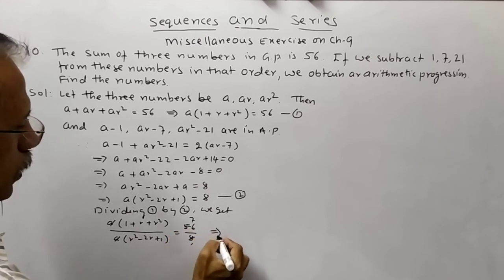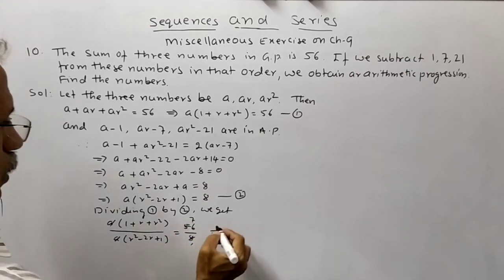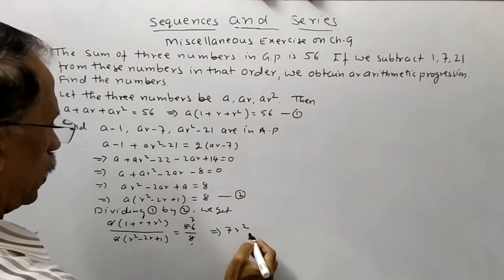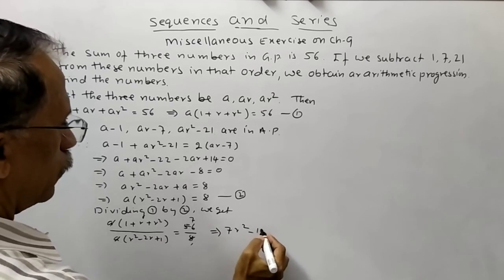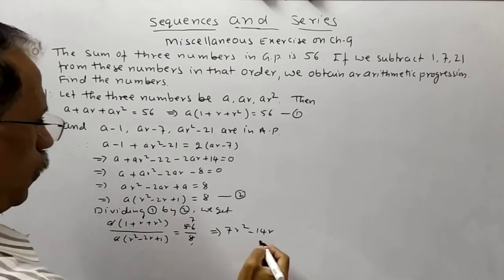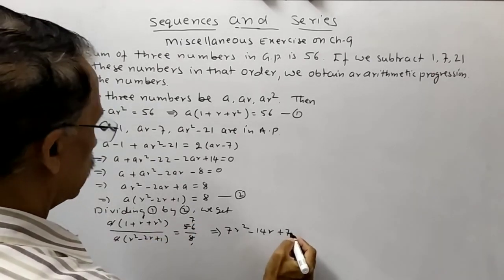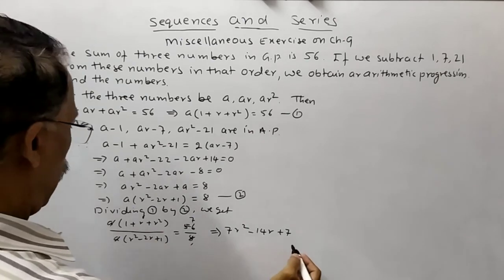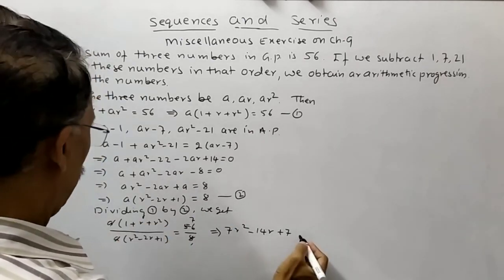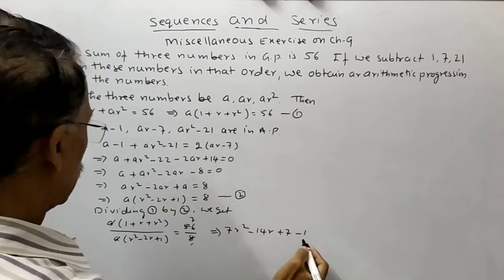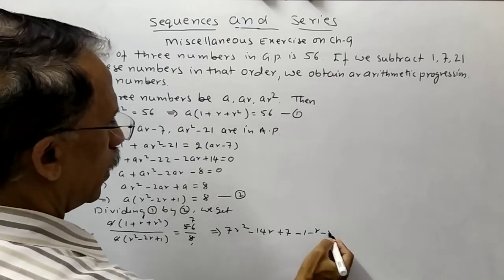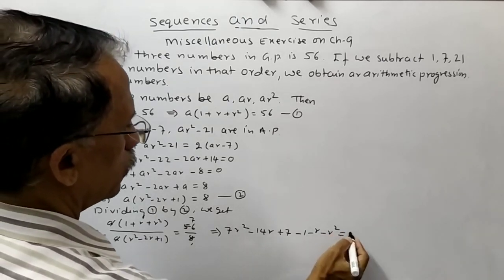By cross multiplication, we will get 7r square minus 14r plus 7, when you take left side minus 1 minus r square, is equal to 0.